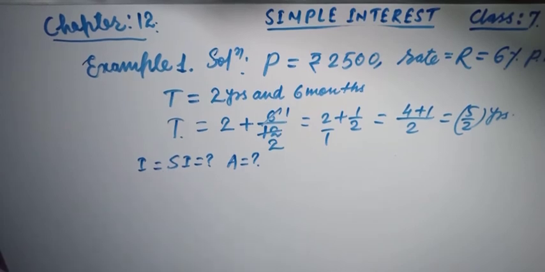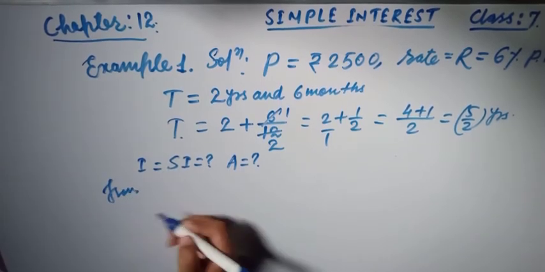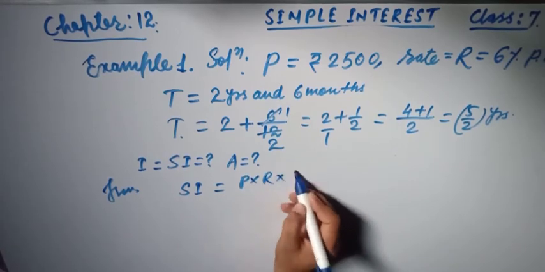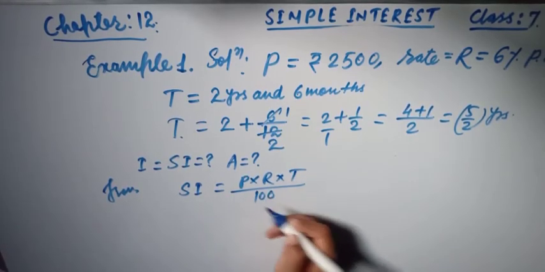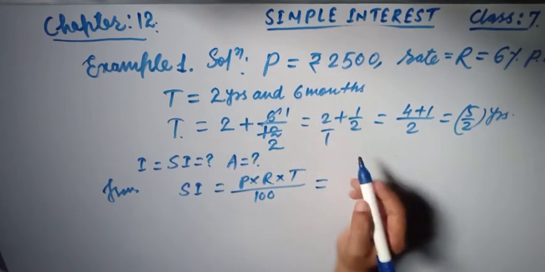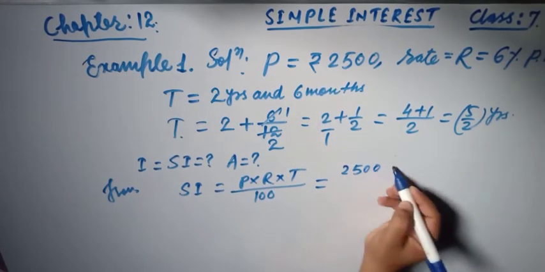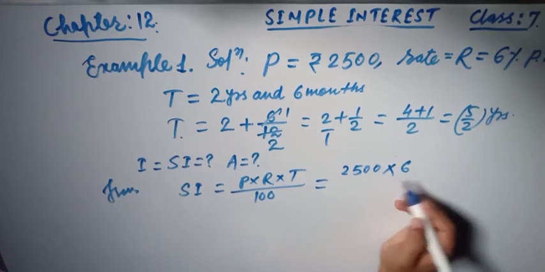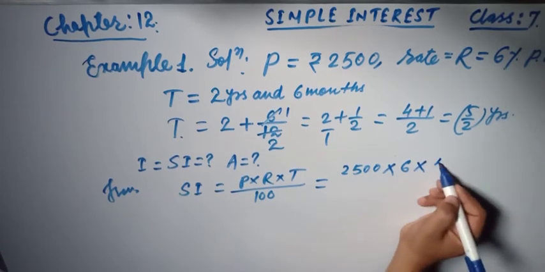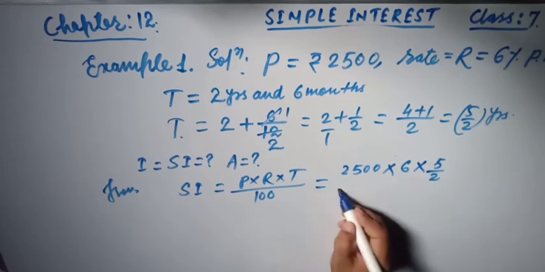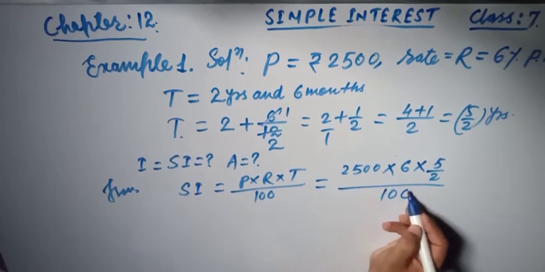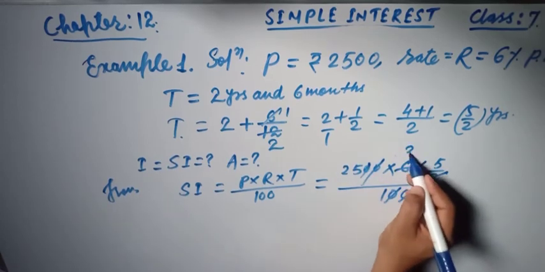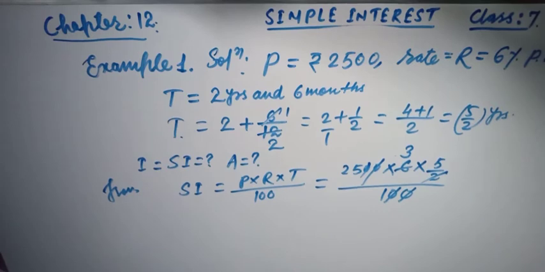Now see from the formula, SI is equal to P into R into T divided by 100. So here P is 2500 multiplied by R is 6%, multiplied by T is 5 by 2 and divided by 100. So this 0 and 0 will get cancelled, so this is 25 and 6, so 15.